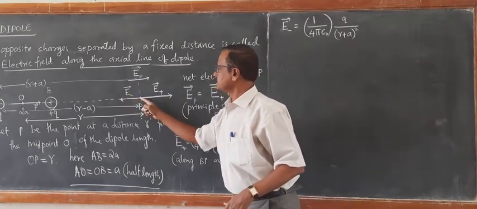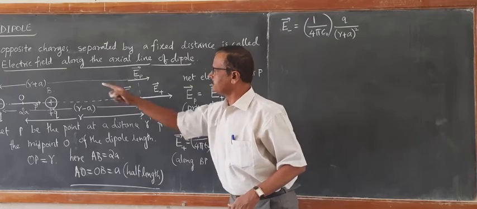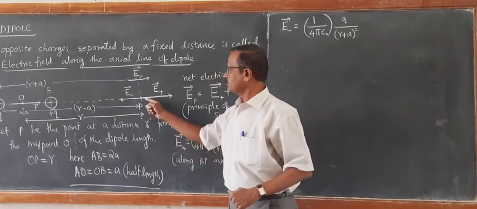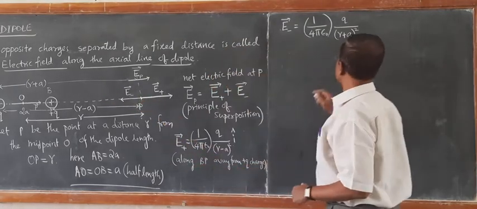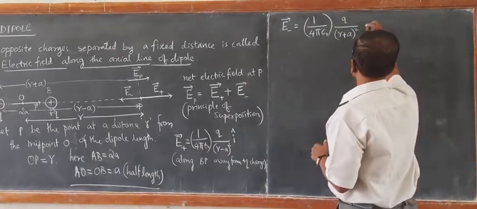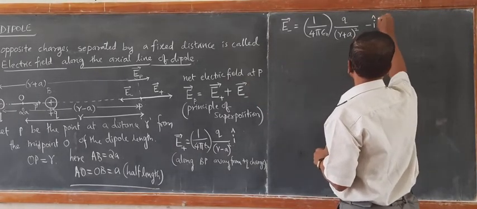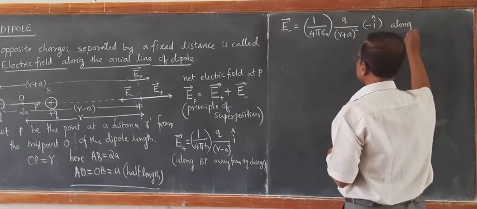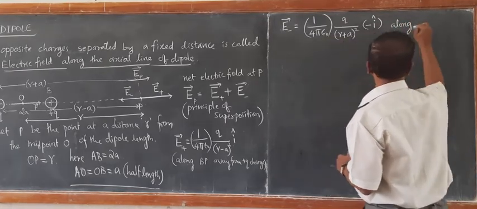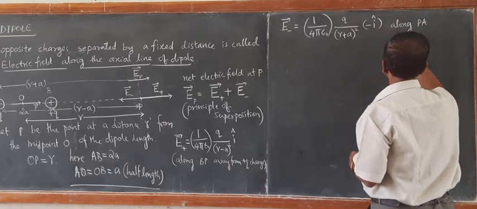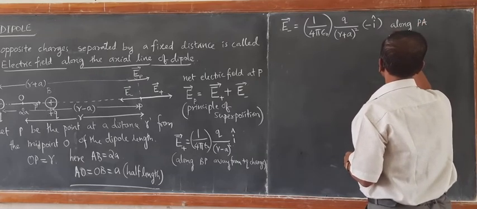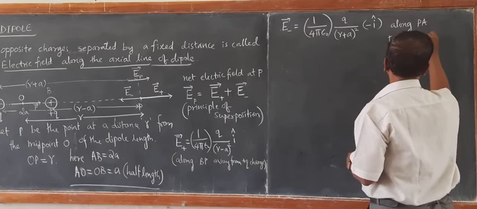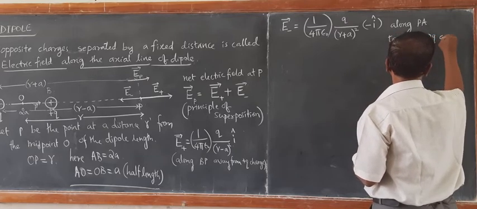See, the test positive charge is attracted by the negative charge at A. Therefore, it is towards the negative x-axis. So I write minus i cap. So we can write here along PA, towards minus Q charge.